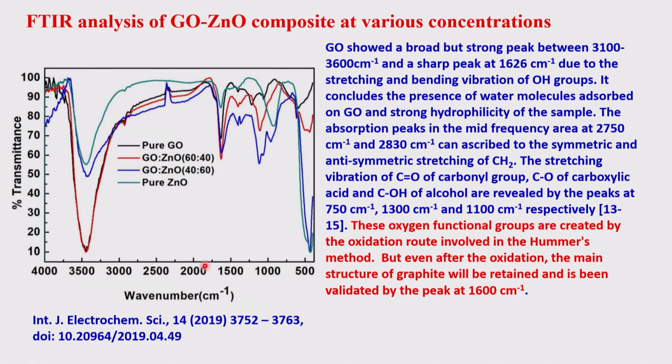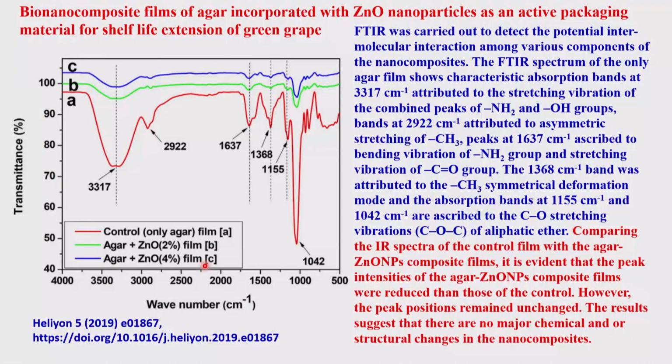Therefore, this composite material can be used for whatever application has been planned. So, good characterization aspects of it. We looked at silver nanoparticles in the previous case, and in this case graphene oxide and zinc oxide, the nanocomposite. Let's look at some other example which is directly used for an application.